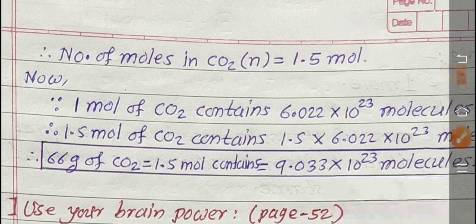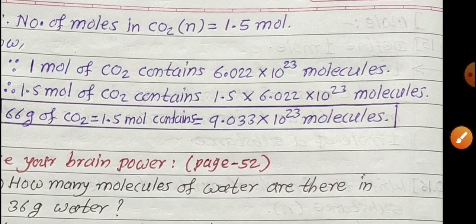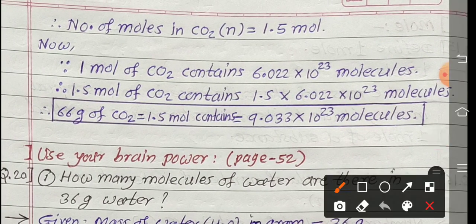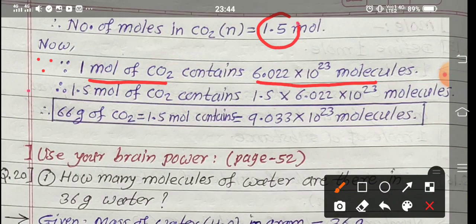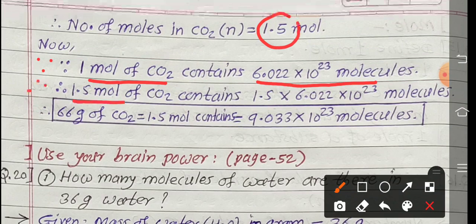Now, 1 mole of CO2, all of you know that now. 1 mole of any substance contains how many molecules? Avogadro's number. So that we write here. If 1 mole of CO2 contains 6.022 into 10 raised to 23 molecules, then 66 gram means how many moles? 1.5. Therefore, 1.5 mole of CO2 contains what? 1.5 multiplied by 6.022 into 10 raised to 23 molecules.